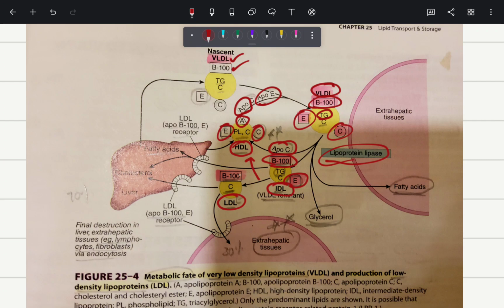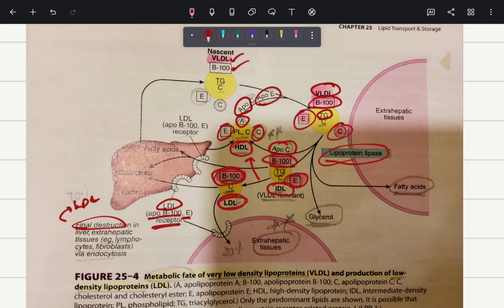Now the low density lipoprotein will only have ApoB100 present on it, and as you can see here, the LDL receptor will recognize ApoB100 and ApoE apoproteins. Once it recognizes the B100 present on the LDL, it will get metabolized in the liver, where the final destruction of the LDL will take place.